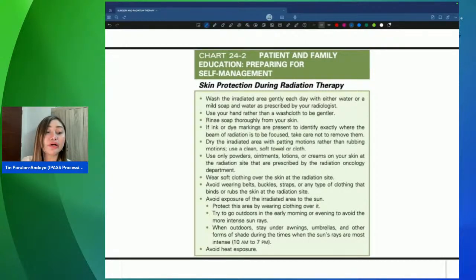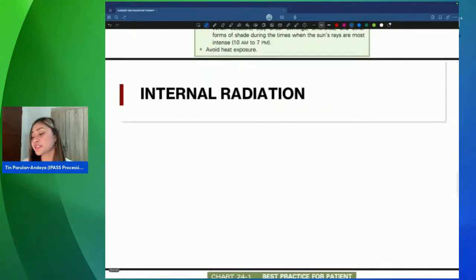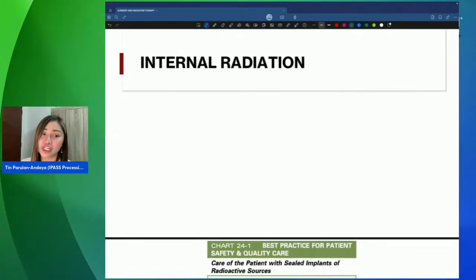All right, very good. Next, we can now jump into internal radiation. When we talk about internal radiation, the question is, is your patient radioactive or non-radioactive here? Type your answer in our chat box.